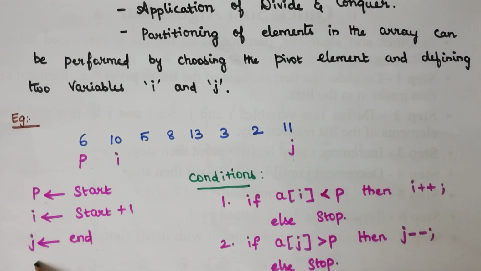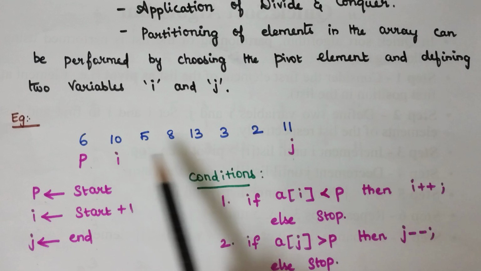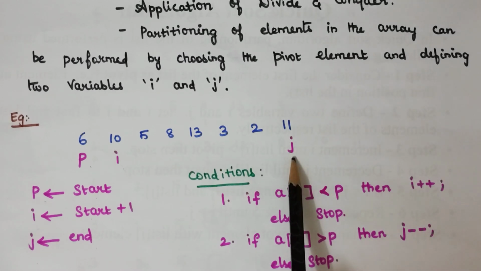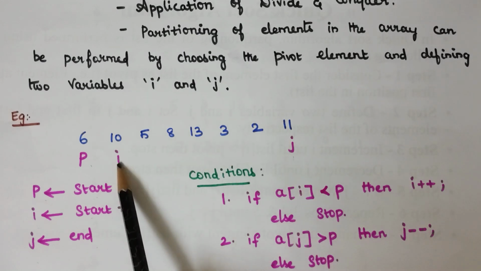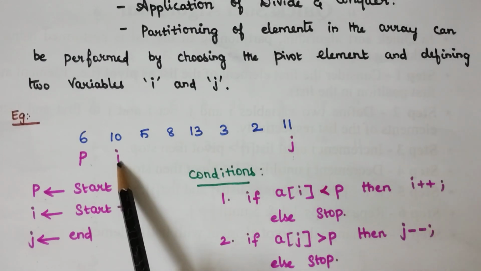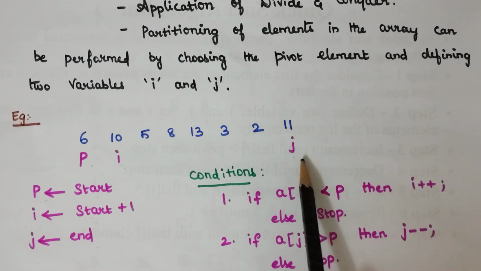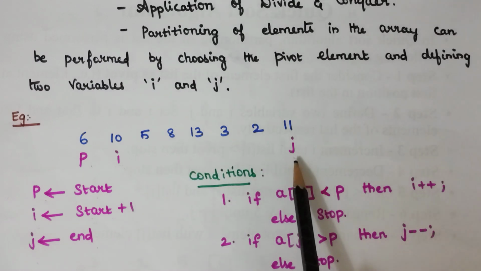So I have taken j as the end. This i and j indicate the position, that is the index value, of the array. The index value of i starts from 1 and the index value of j is at array size minus 1. This is how I have taken the pivot element, i and j.